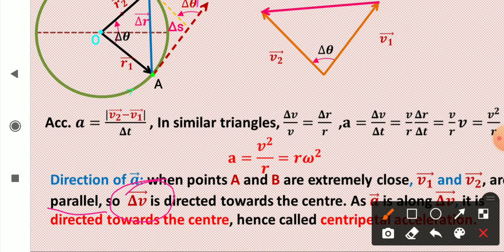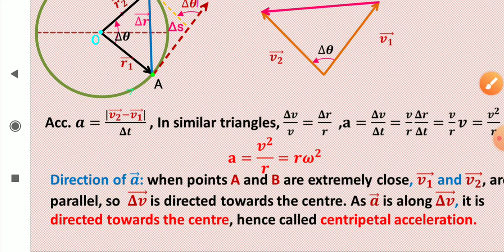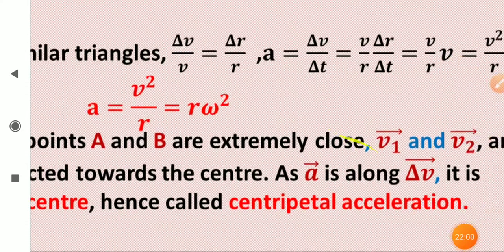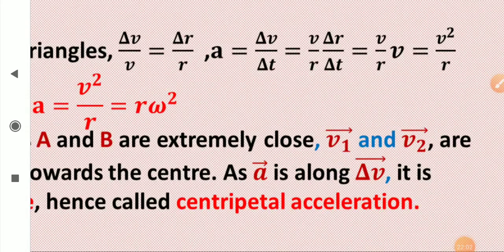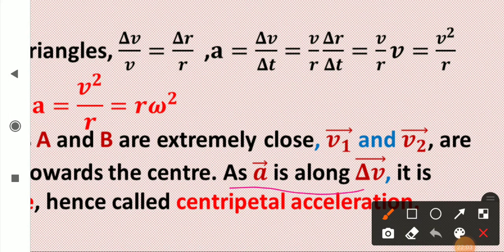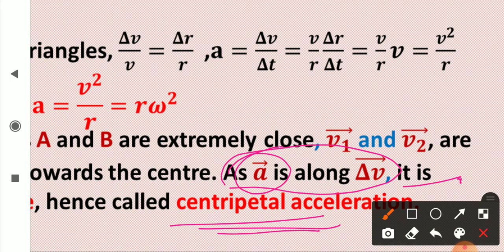So this vector delta V is directed towards the center. And as vector A is along delta V, it is also directed towards the center, and hence this acceleration is called centripetal acceleration.